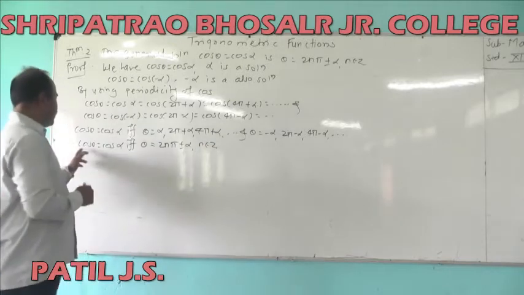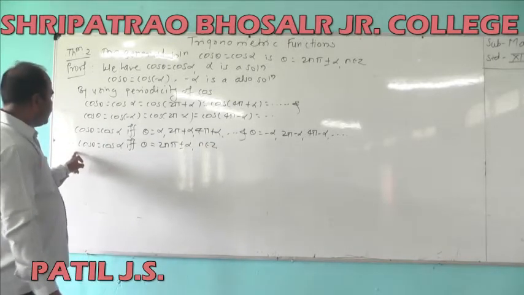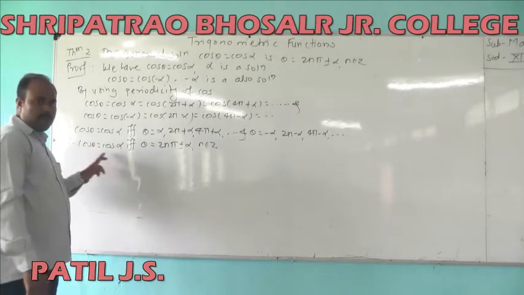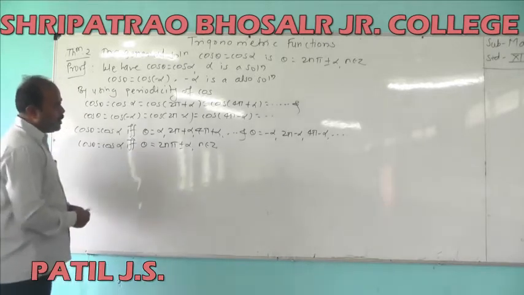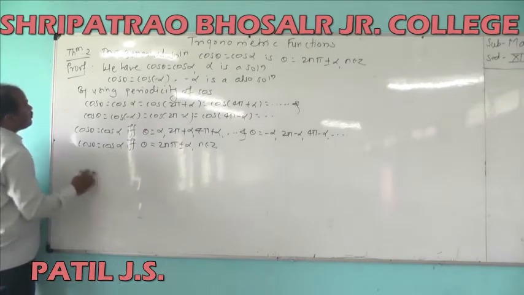This is the theorem. That means the result is cos theta is equal to cos alpha if and only if theta is equal to 2n pi plus or minus alpha.